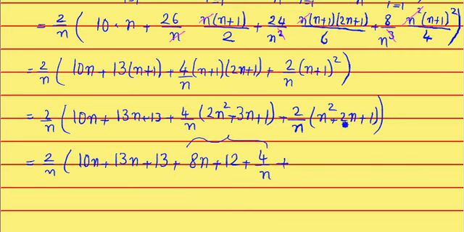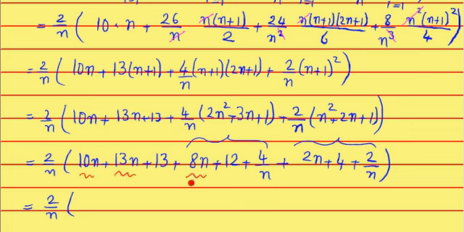Here I open it up the same way. n and n squared, I get 2n. This n and the next n cancel out. I get 4. And from the last one I get just 2 over n. Okay, now let's collect like terms. 10n, 13n, 8n. That makes 31n.